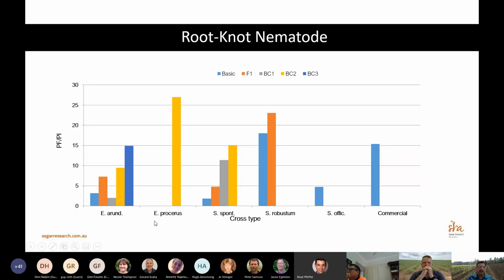And this is another basic clone, Erianthus procerus and Saccharum robustum. They are all susceptible.